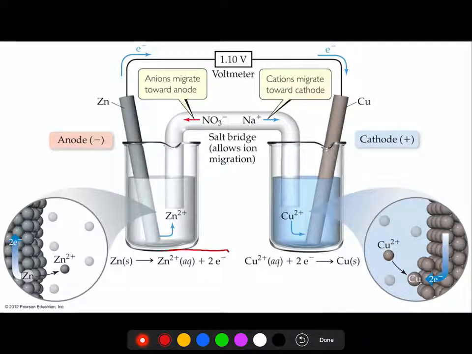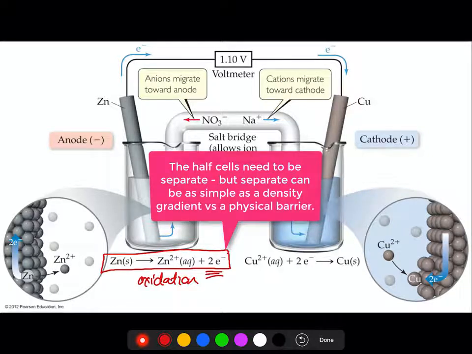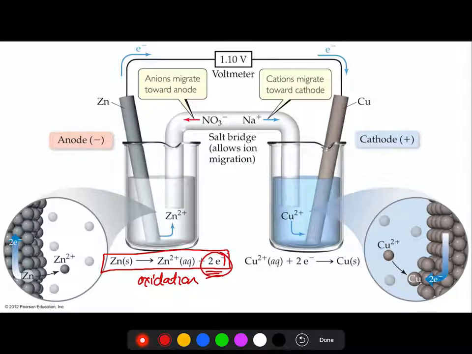Here we have a half reaction, and what kind is this? This is our oxidation process, and we know it's oxidation because we are producing electrons, so zinc is going to a more positive oxidation state. So this is our oxidation, which means electrons are produced, and electrons flow from the oxidation, where they are produced, to the reduction.